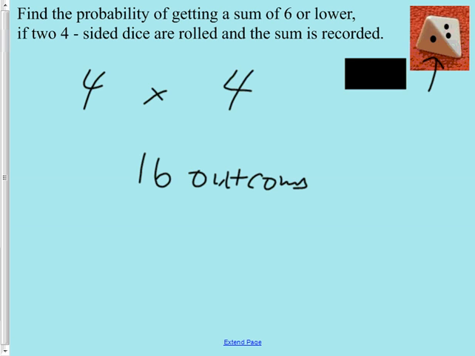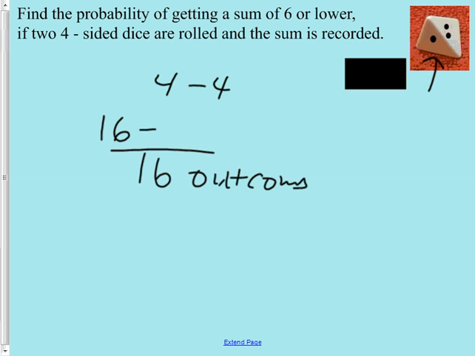Then that's what's possible. What do we want and should put on the top? Probability of getting 6 or lower. Well, there's a whole bunch of those that are going to be lower than 6, so maybe we should think of it the other way around. There were 16 things, but some of them aren't going to work, right? How many of them aren't going to work? Would you agree that the 4 and the 4 being rolled is not a sum of 6 or lower?